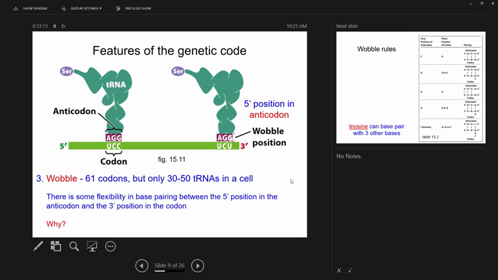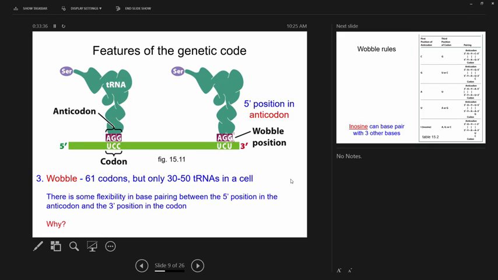So once scientists figured out that Crick was right and that the adapter in Crick's adapter hypothesis was a transfer RNA, then scientists noticed that in almost every cell type, prokaryote and eukaryote, there were never enough different kinds of transfer RNAs.